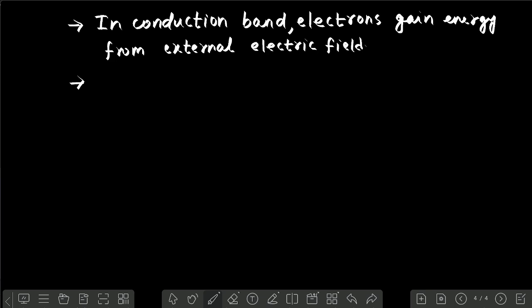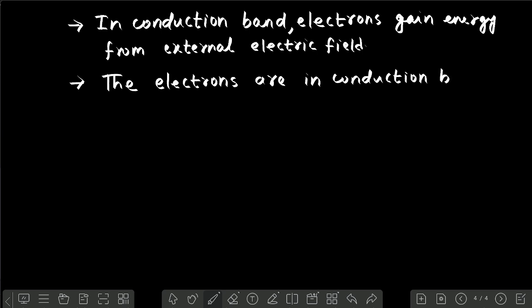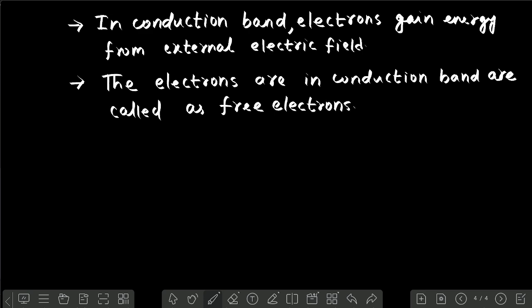Next, write: the electrons in the conduction band are called free electrons, and remember, due to these electrons current conduction takes place, or flow of current.